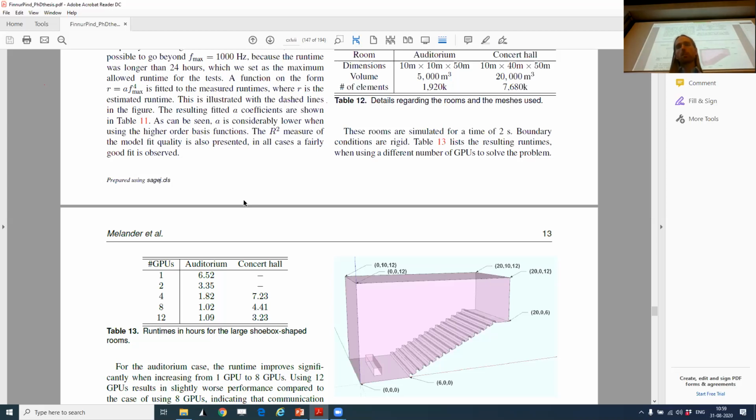But as soon as you have complex geometries, and actually Bilbao and co-authors have done a study on this in a 2016 paper, where they show very neatly the importance of having an element-based method where you can capture the complex geometries. Because if you have a regular grid like in FDTD, then when you have a curved surface, you never converge to the true surface area of the geometry, even in the limit of a very fine mesh.